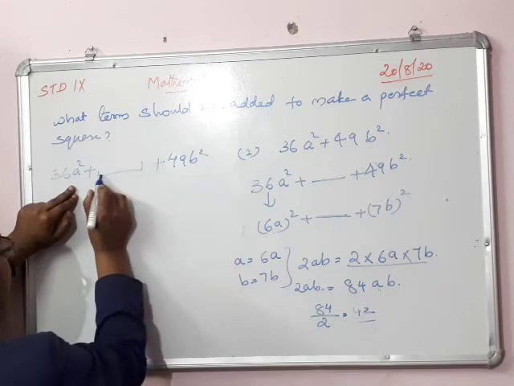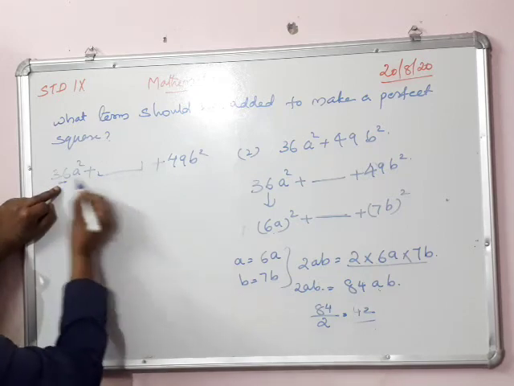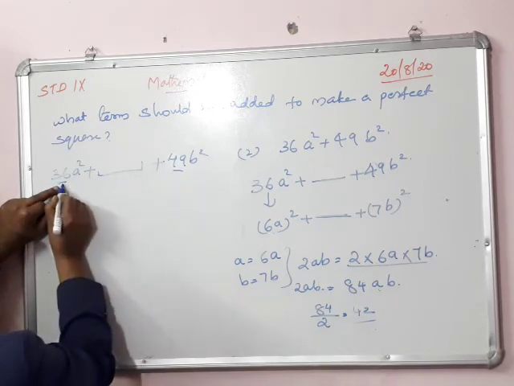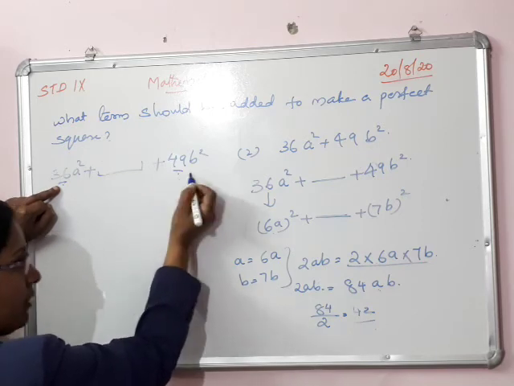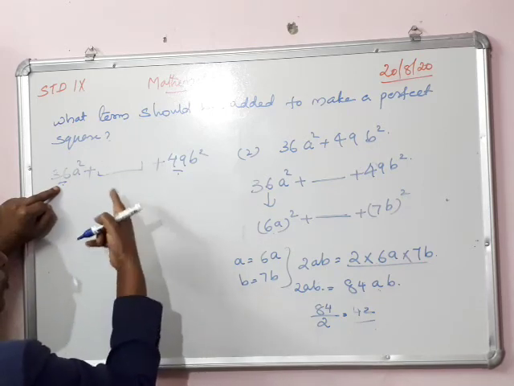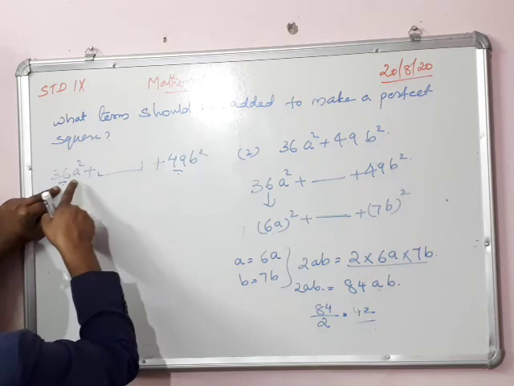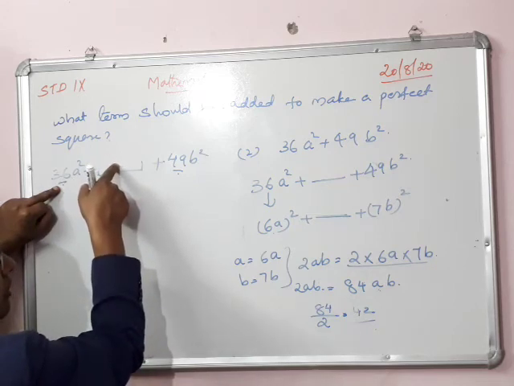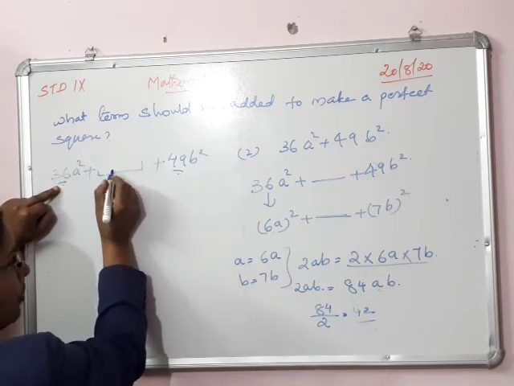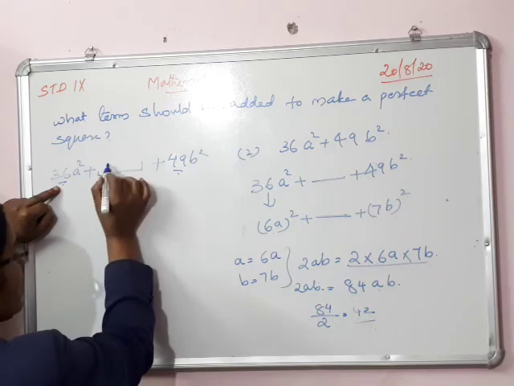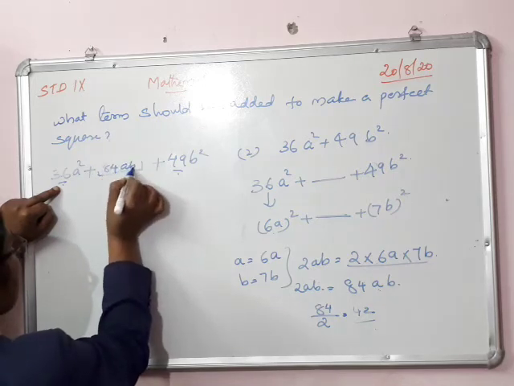Otherwise we can take it from here: this is 6, this is 7. 6 sevens are 42. 42 into 2 will come here, but now ab also. That is the meaning. 2ab means 84ab.